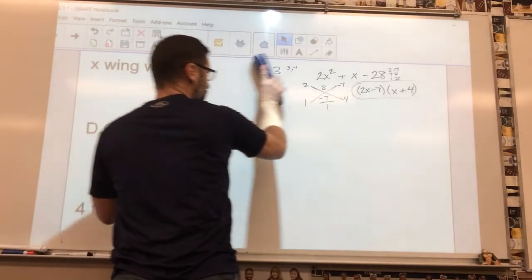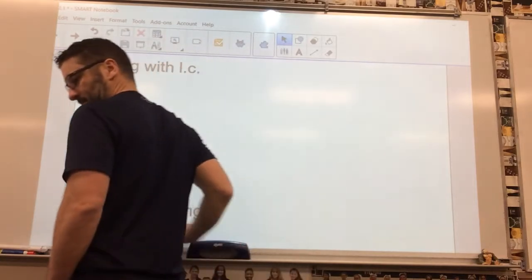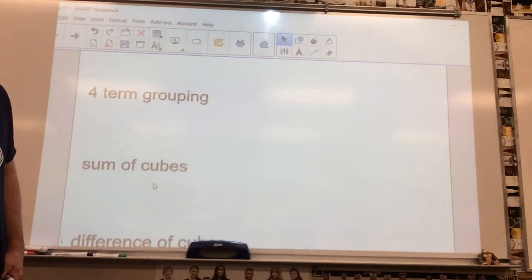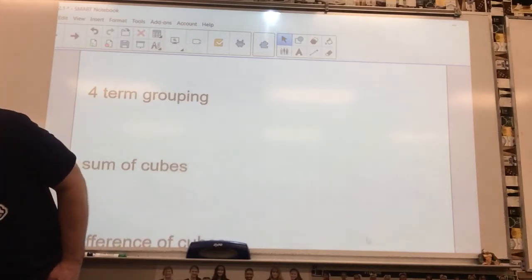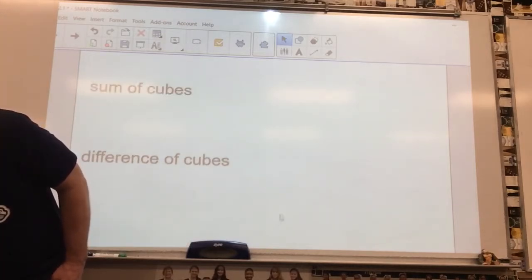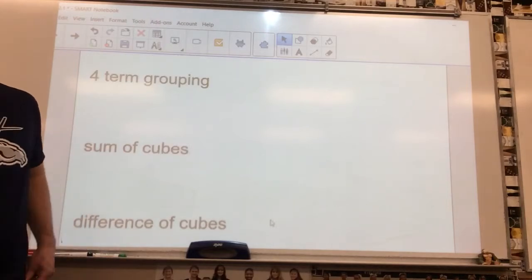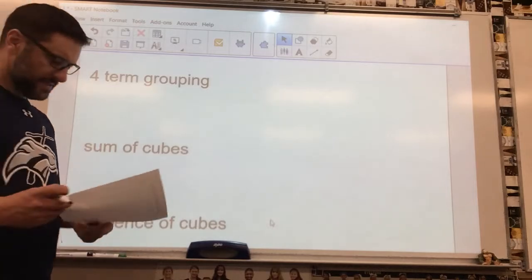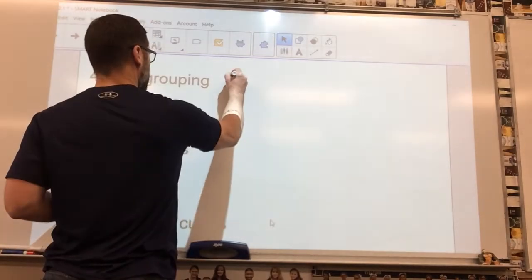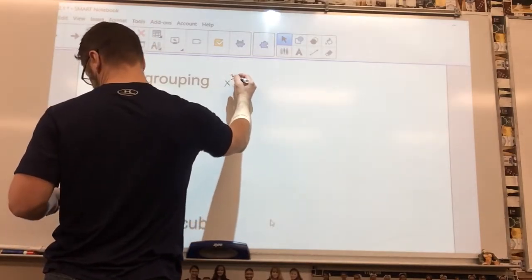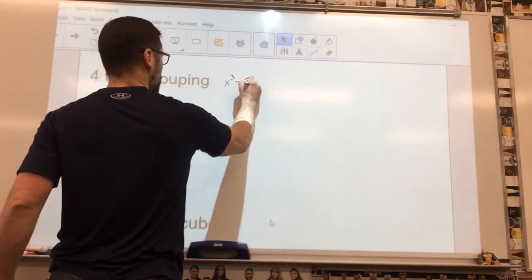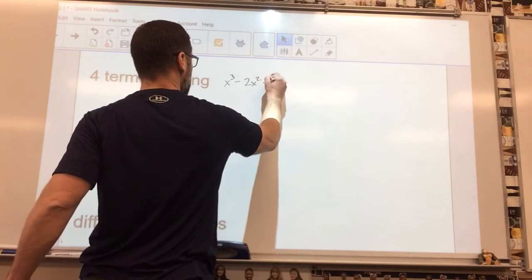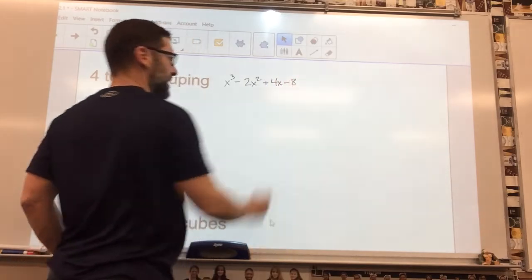Okay, 2 more types, really 3 more types, but 2 of them are kind of the same. 4-term polynomial, factor by grouping is what the term is. So we're going to have a 4-term polynomial, something like this, x cubed minus 2x squared plus 4x minus 8.